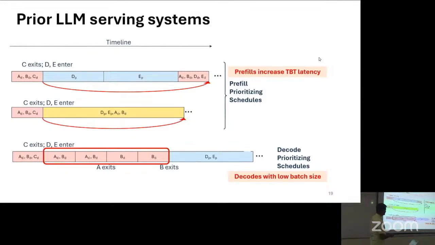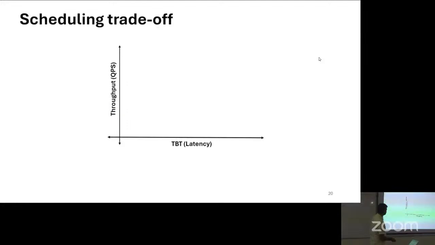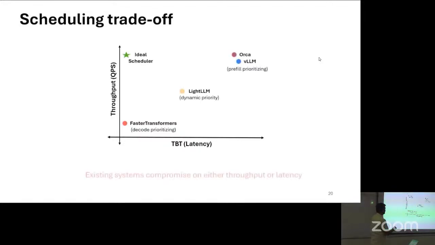And these two strategies were proposed in some of the recent systems. Decode prioritizing schedules will give you very low TBT, but very low throughput. And for prefill prioritizing scheduling, until about 6 months back, the state of the art systems, like vLLM, prioritized prefills. They give you very good throughput, but at the cost of very high TBT latency.